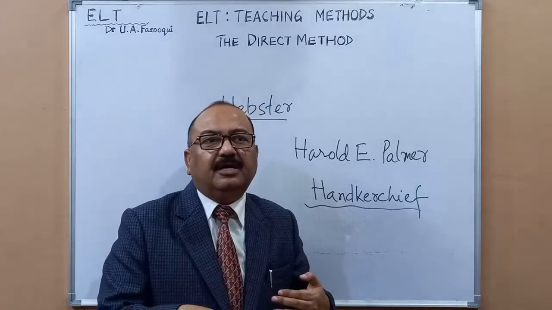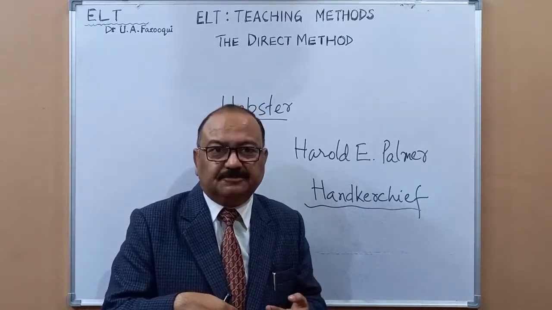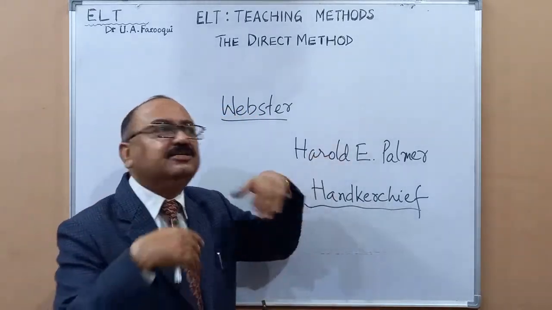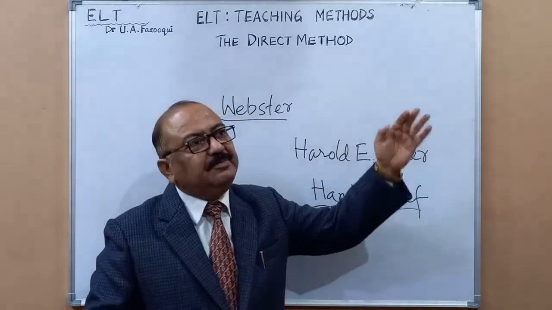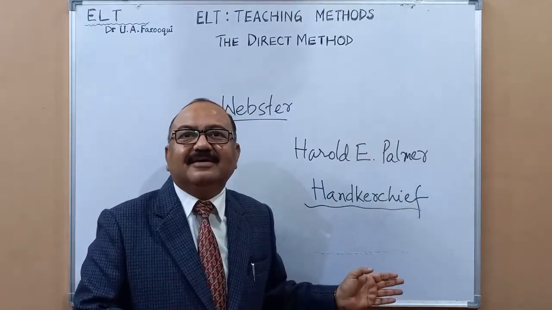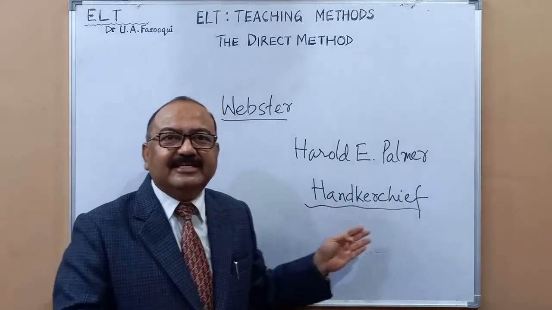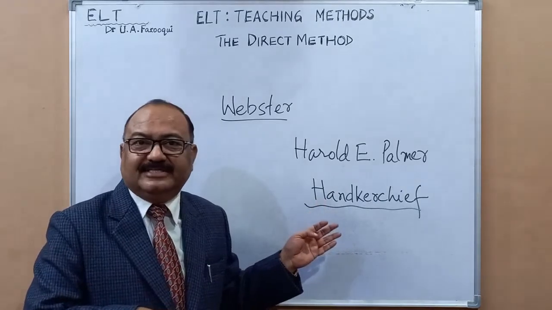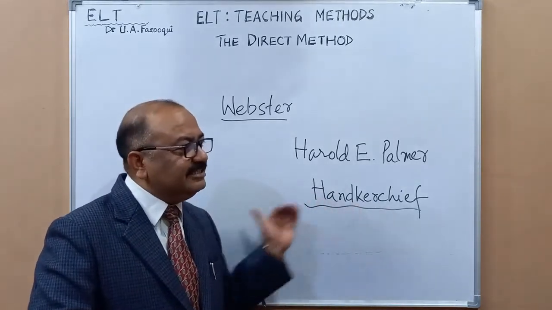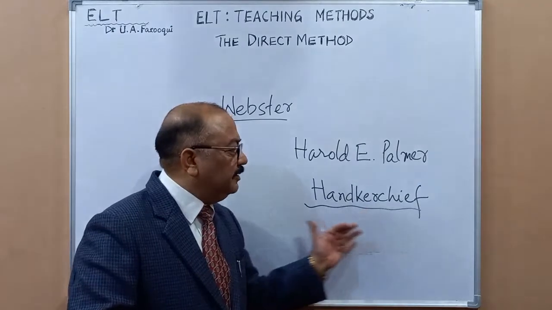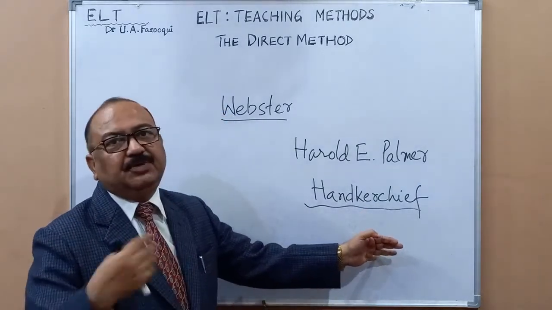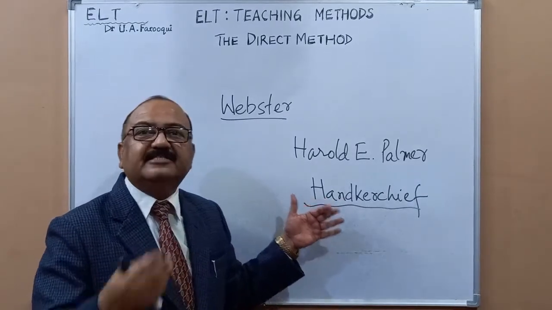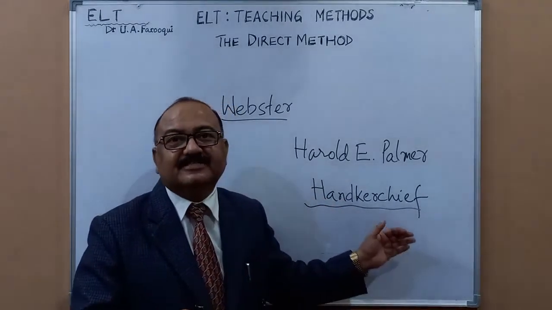This is how the vocabulary is taught. Vocabulary is not taught by giving individual words and asking students to see the meaning in the dictionary and learn them by heart. This is not the case in the direct method. Words are taught in context. While a teacher is teaching the lesson, he would tell the meanings of the difficult words. He would either demonstrate them or ask the students to use them in their sentences so that they understand the use also.